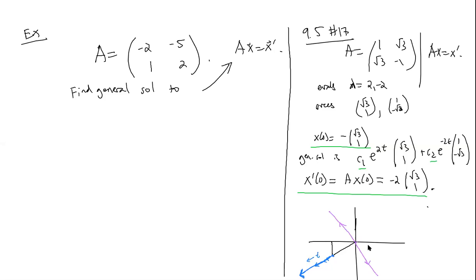Whereas with this purple line, you might start here at t equals 0, say, at 1 comma negative root 3, and its derivative at that time, if you multiply it by this matrix, would give you negative 2 times that. So that would be in the other direction, and it's going to bring it back to the origin. And then when it goes past the origin, its derivative is now negative that. So as t increases, it's going to oscillate back and forth. Right?